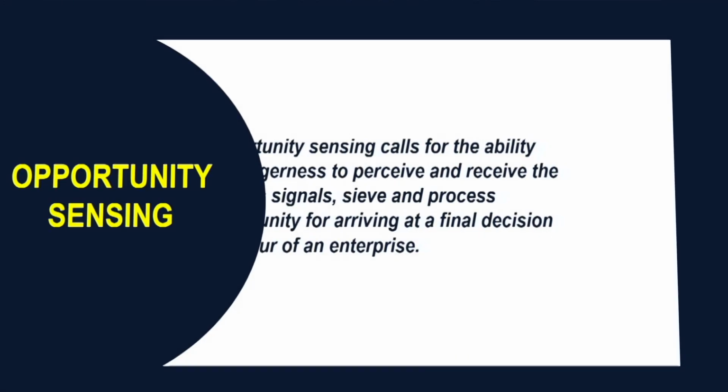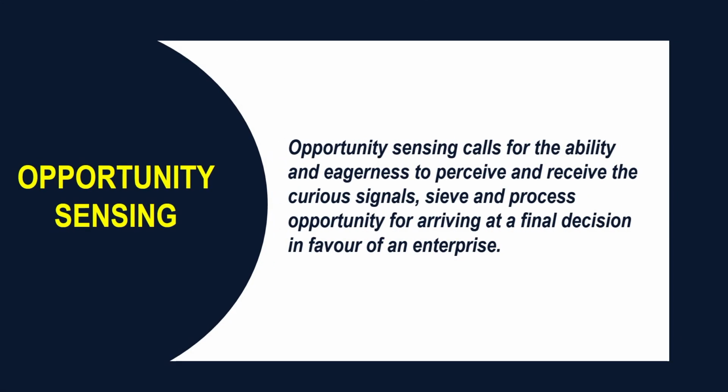Opportunity sensing calls for the ability and the eagerness to perceive and receive the curious signals, sieve them like we sieve, and process opportunity for arriving at a final decision in favor of an enterprise. An entrepreneur searches for and identifies an opportunity before working to convert it into a business reality.